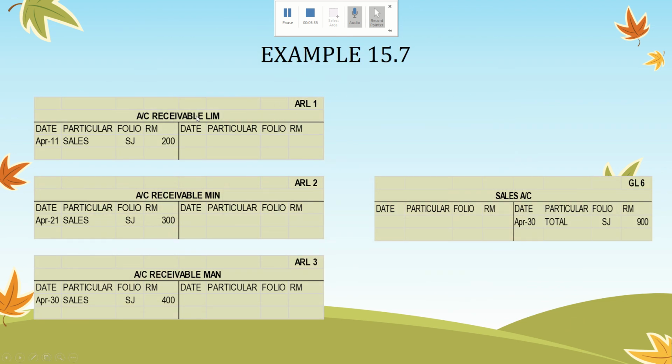Number 1, account receivable Lim, debit since asset increases, so debit 200 ringgit Lim, debit 300 ringgit Min, and debit 400 ringgit Man. In the sales account, the amount of credit sales will be credited at 900 ringgit because revenue increase is credited.